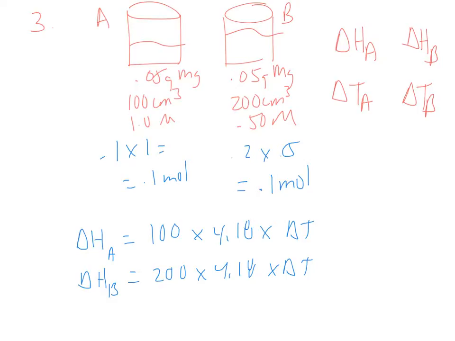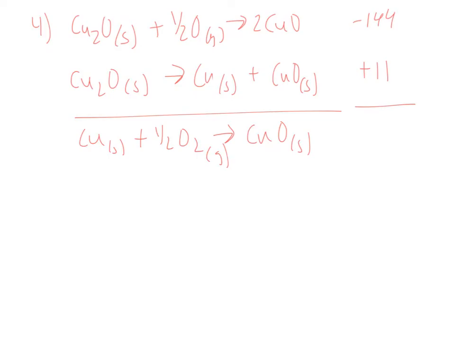So the temperature change is going to be less for B and greater for A. So that corresponds with A, which said the maximum temperature in A will be higher than in B. But if you were thinking, but the heat change should be the same, you are correct. The heat change will be the same, but the temperature change will not be.